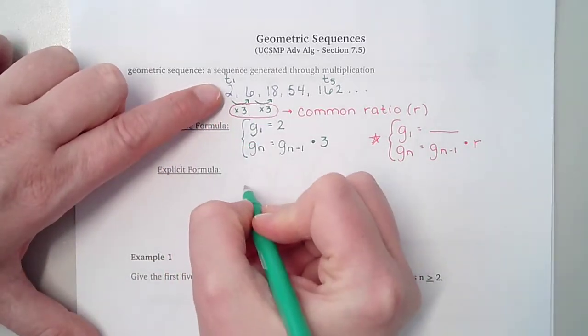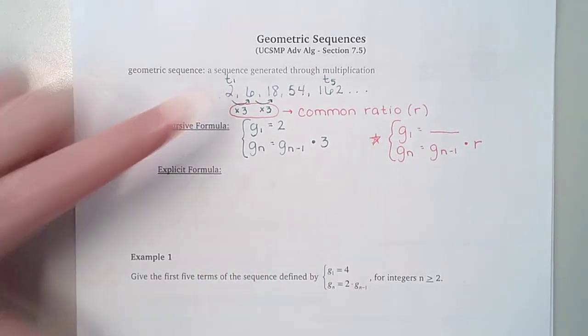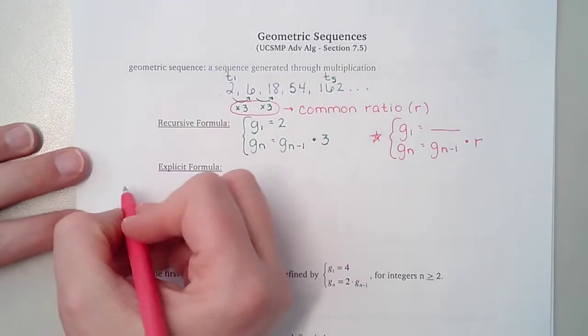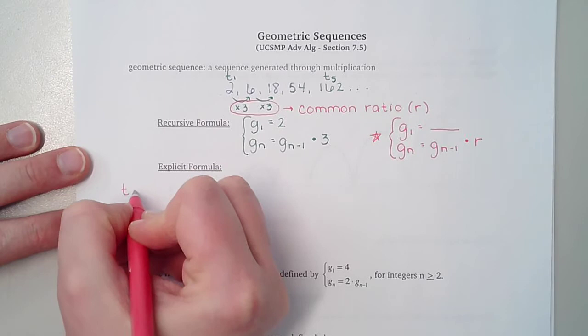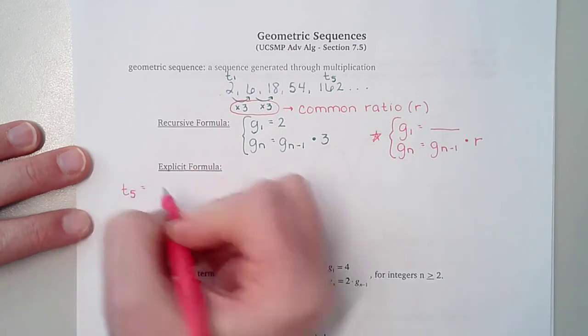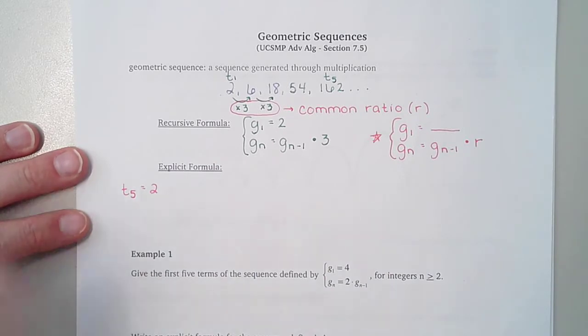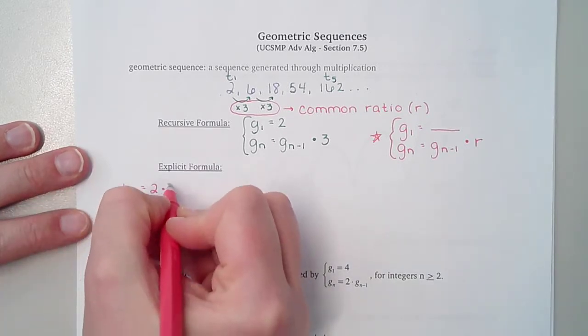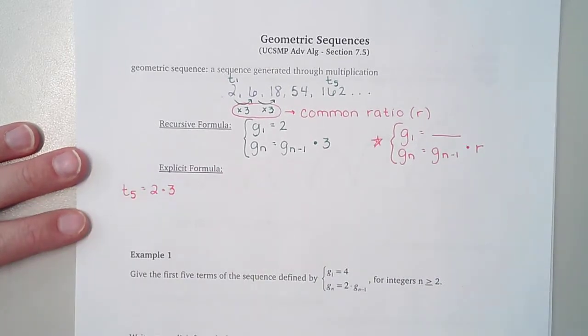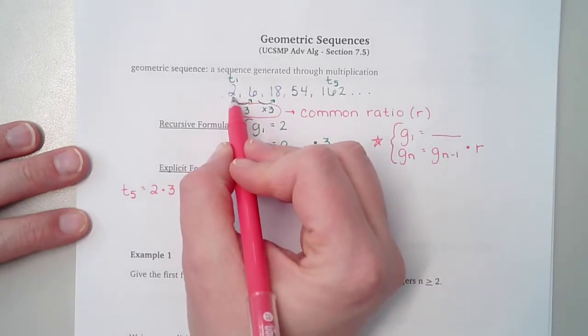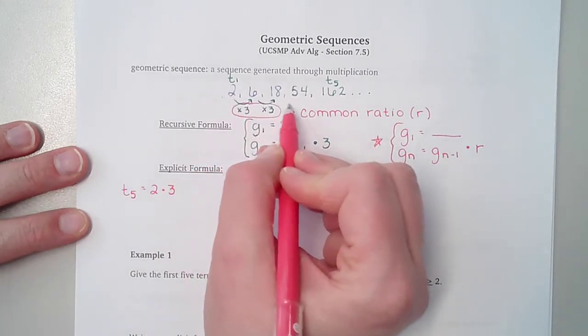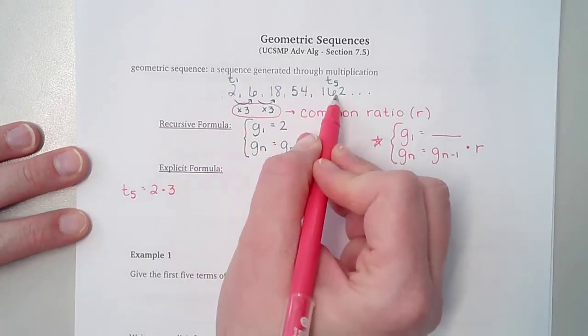I'm going to write this down below here. If I'm trying to get to term 5, I'm starting at term 1, which is 2, and I am multiplying by 3 over and over again. So I'm multiplying by 3, 1, 2, 3, 4 times.